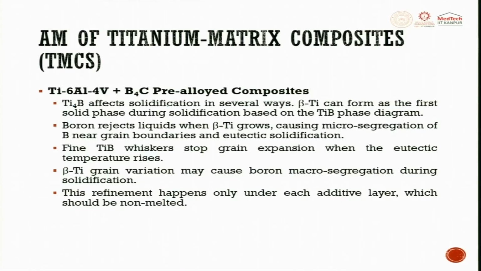So, the TiB affects solidification in several ways. Beta Ti can form as the first solid phase during solidification based on the Ti phase diagram. The boron is rejected by the liquid with alpha beta. So, it is not necessary that everything will be accepted, it also can reject, causing micro segregation of B near grain boundaries and eutectoid solidification. Fine TiB whisker stops grain expansion, and alpha Ti grain variation may cause boron macro segregation during solidification.